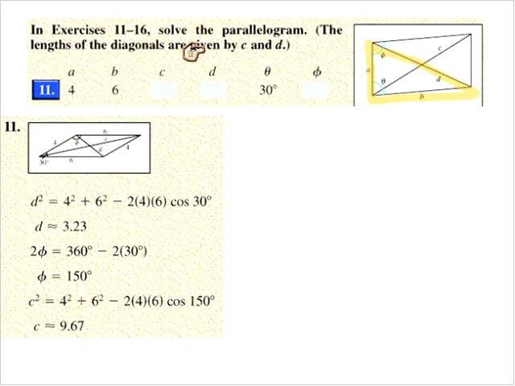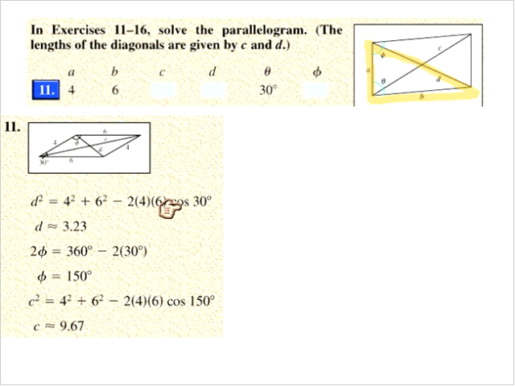It says the lengths of the diagonals are given by C and D. So I have 2 sides and the angle in between, so I would have to use the law of cosines to find length D. So D squared equals your 2 sides squared added together, minus 2 times the 2 sides multiplied together times cosine of that included angle.